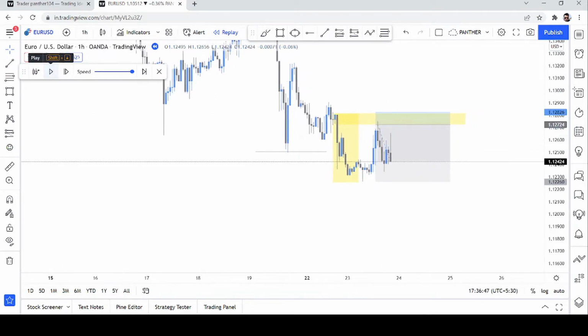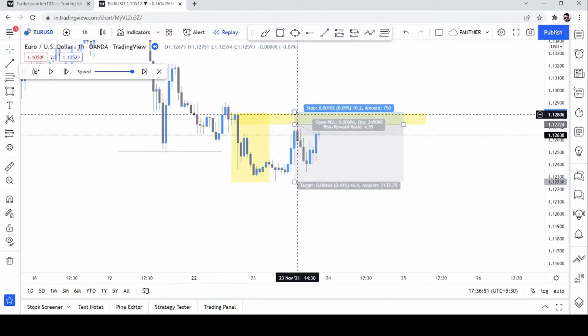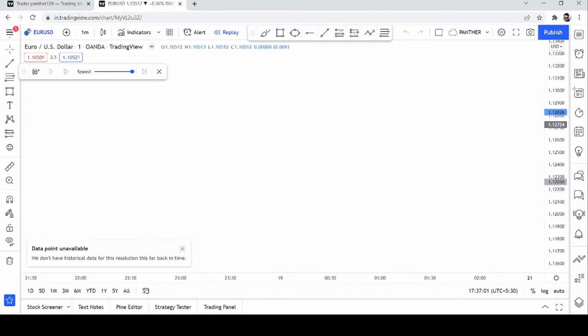Let's see. Boom. What do you have? If you go to a smaller time frame, let's see if we got anything out of it or no. Oh, sorry. We don't have historical data for this.